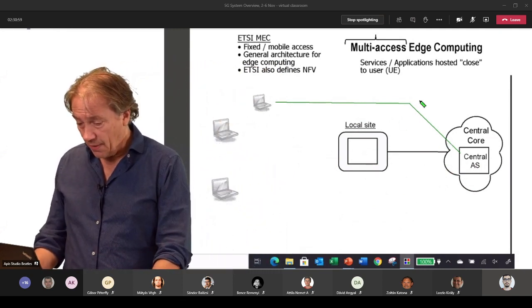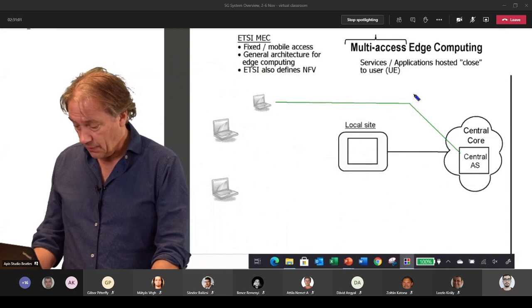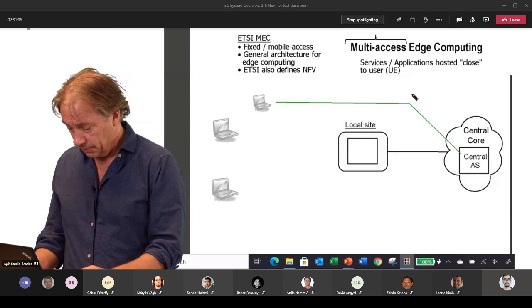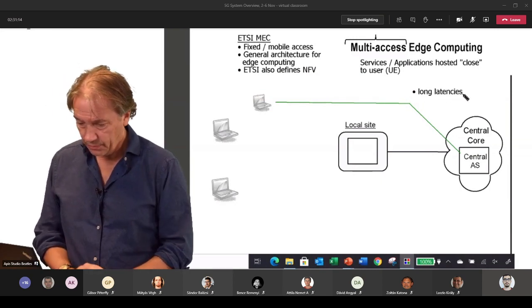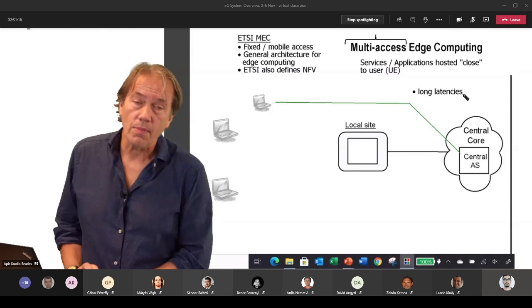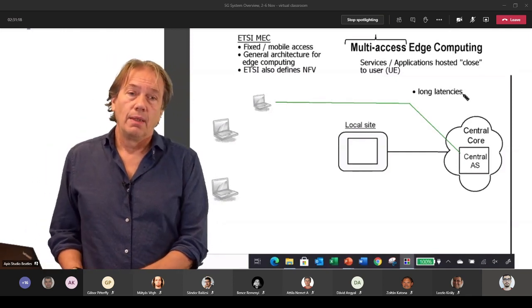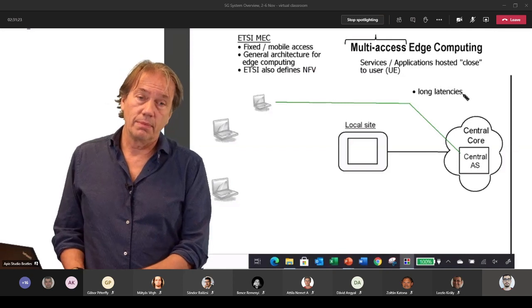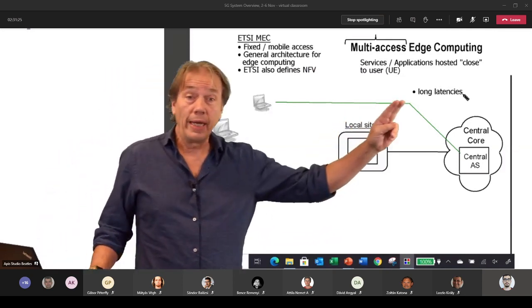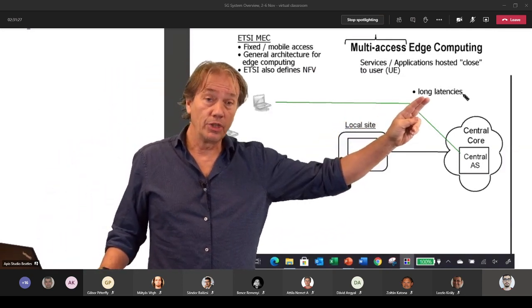So this could potentially lead to long latencies. And long here simply means longer than short.